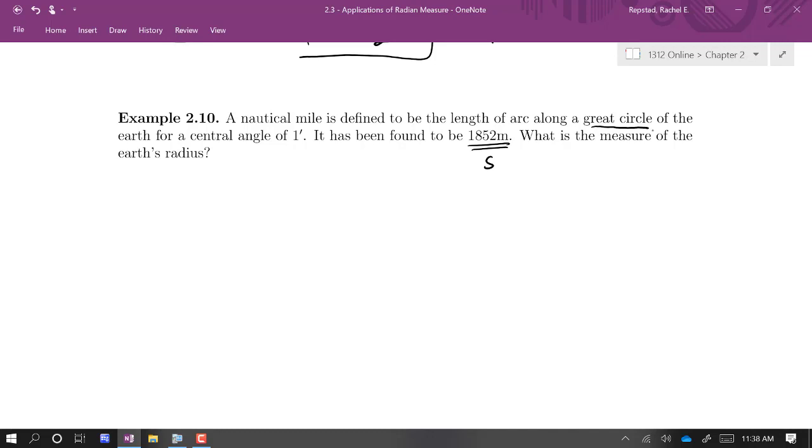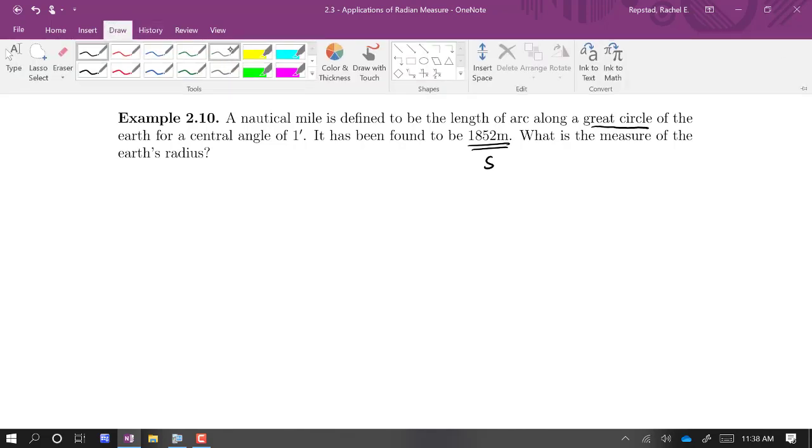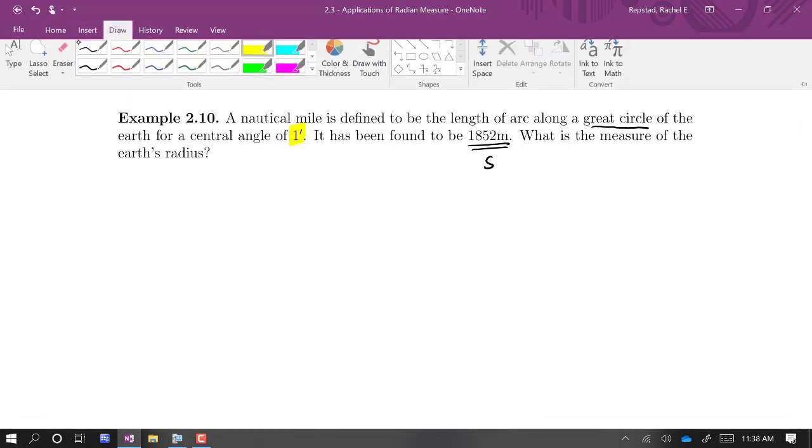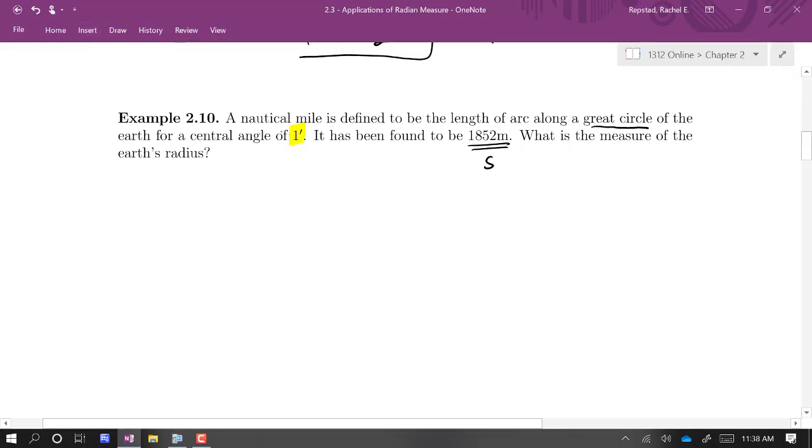So now let's just remember, it's maybe been a while since we measured angles this way. 1 minute, you'll remember back in the first semester of this course, one of the things we looked at was measuring angles in degrees, minutes, seconds. A lot of the time, if we're using degrees, we use degrees in decimal form, like 30.5 degrees, 30 degrees and then a half a degree on top of that.